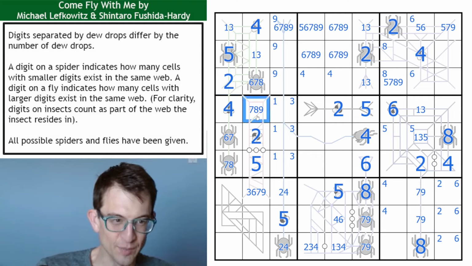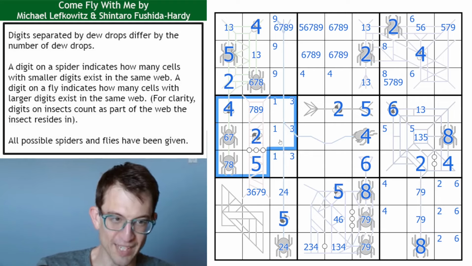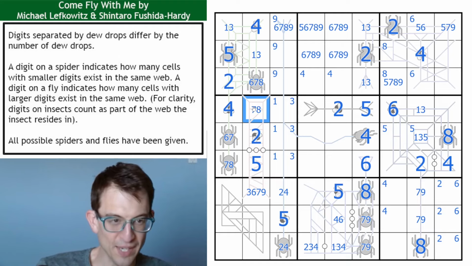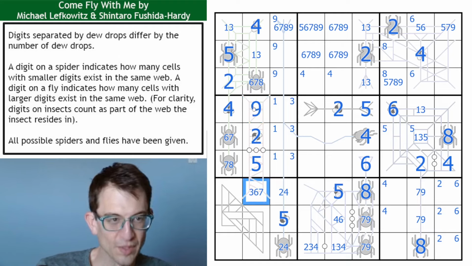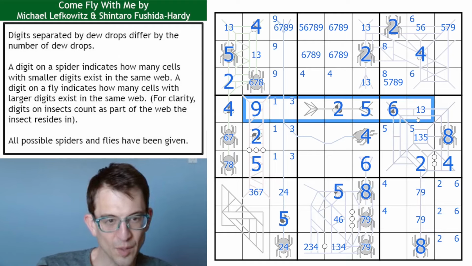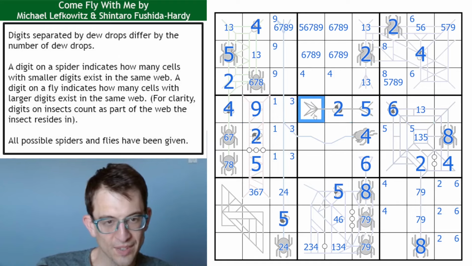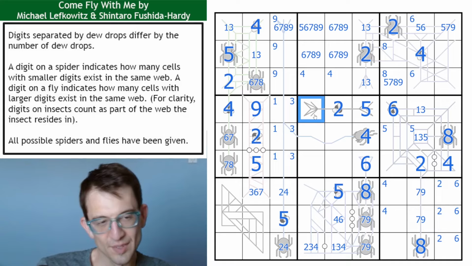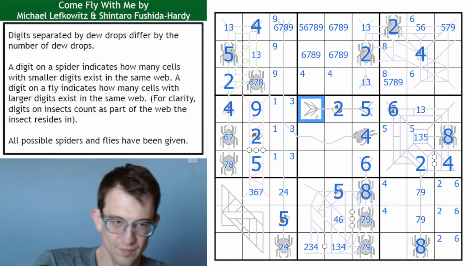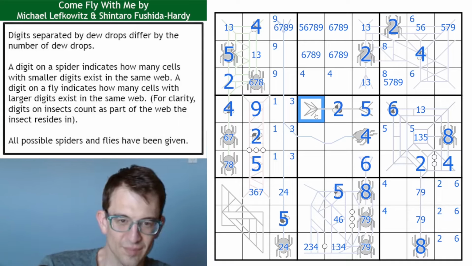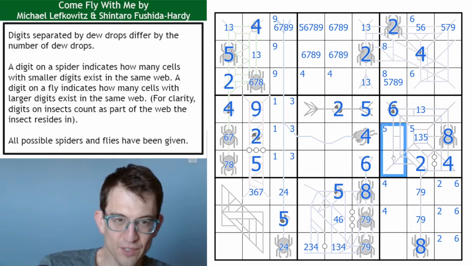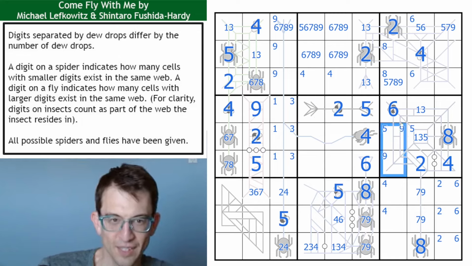So that's a 9 because it's the only place a 9 can now go in this box. Therefore 9 goes here and here.